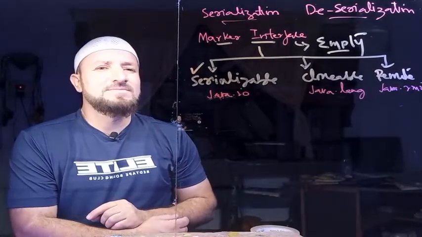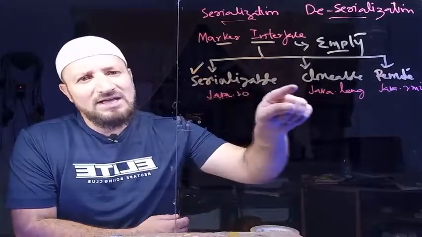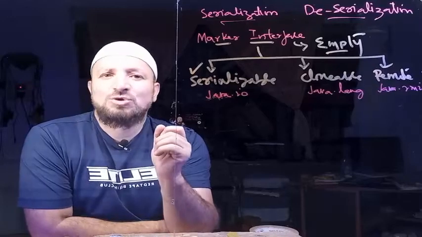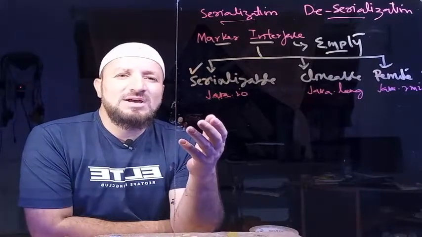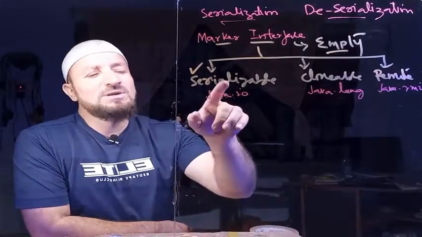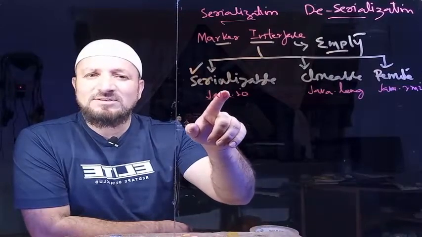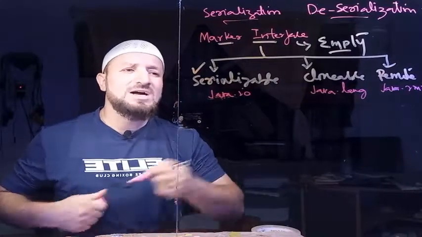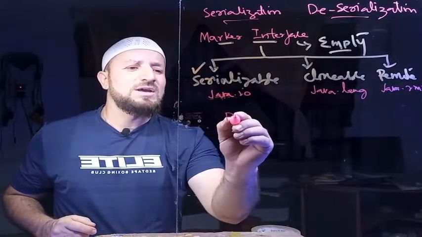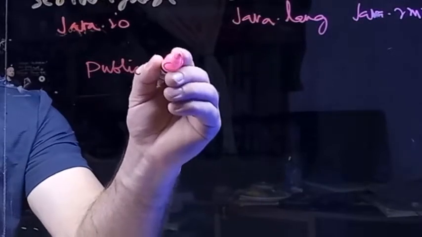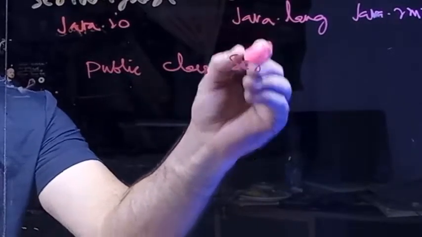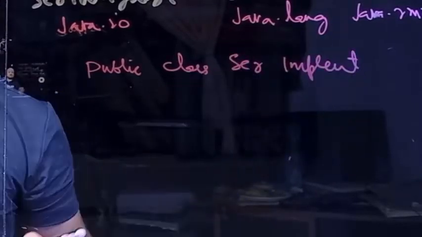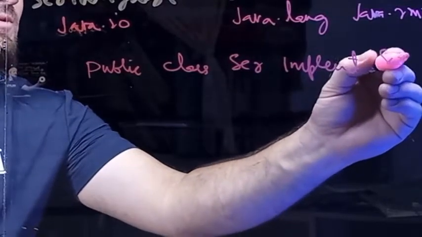Simple as that. And the same thing is with Serializable. If you want to serialize your class, then you have to first implement the Serializable interface. So your class has to implement Serializable. Say for example, you have a public class, and you have to implement firstly the Serializable.